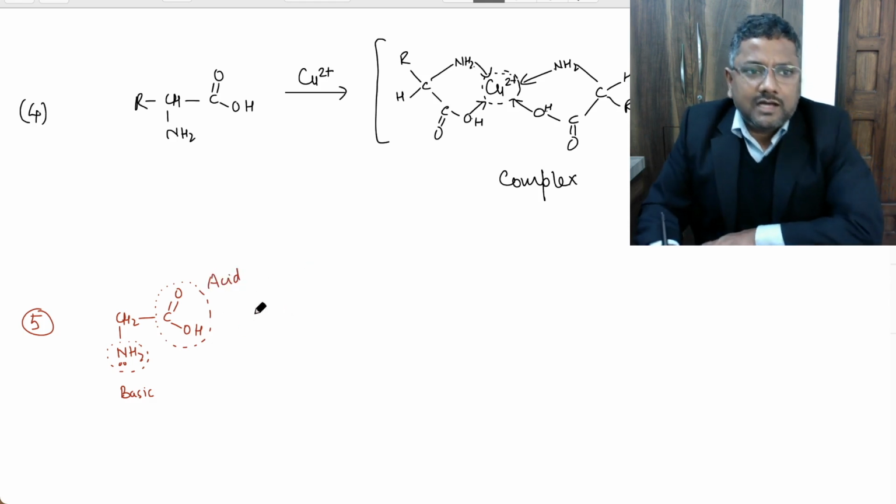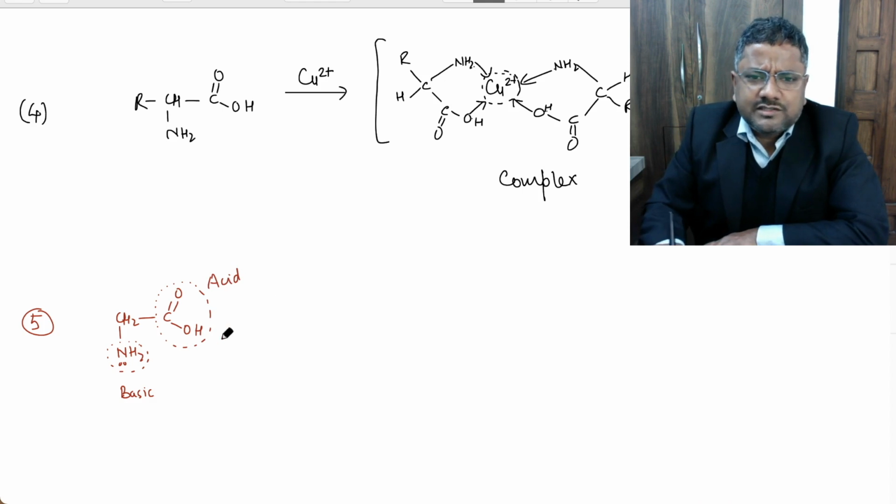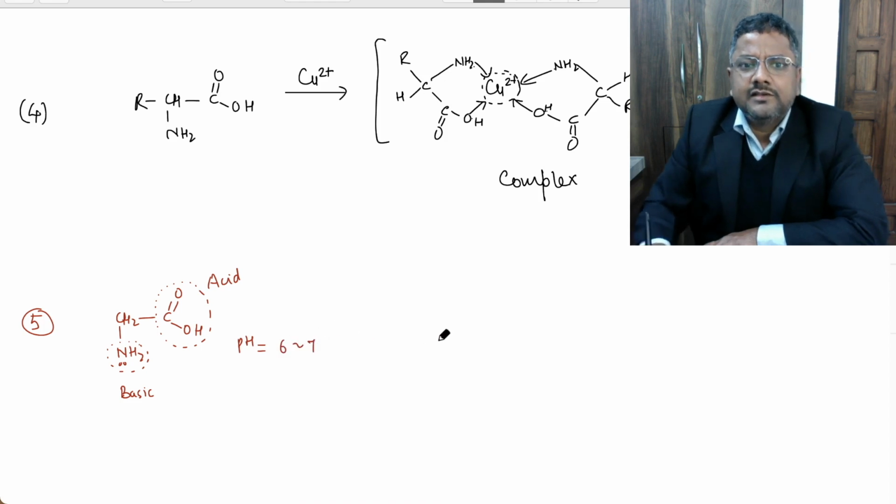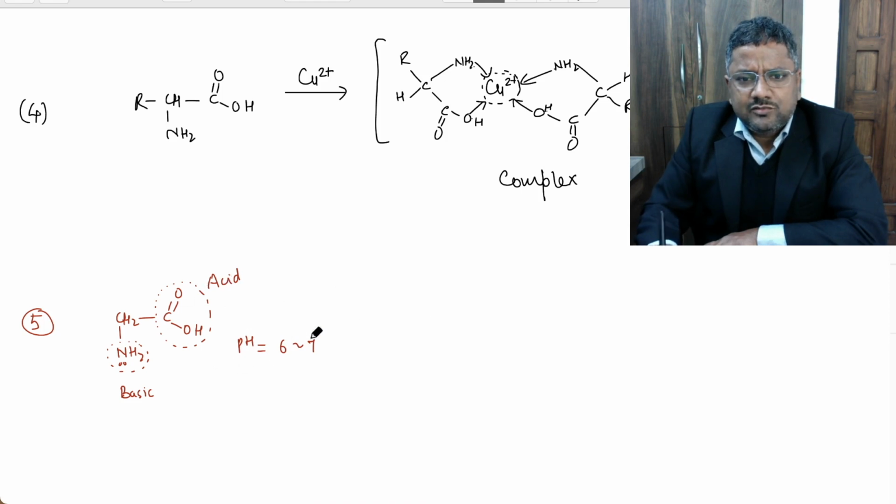In aqueous solution, pH is close to 6 to 7. So if you examine this, it is almost neutral, and a very weak acid, we can say.